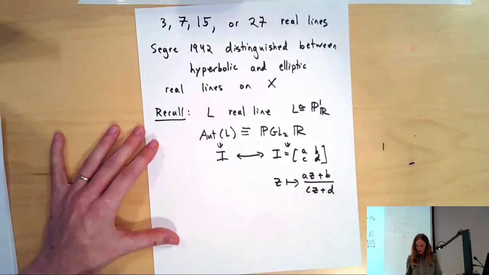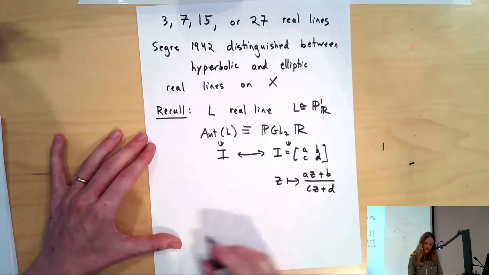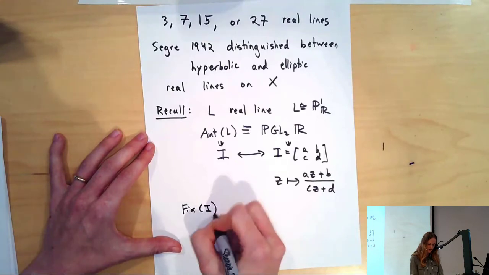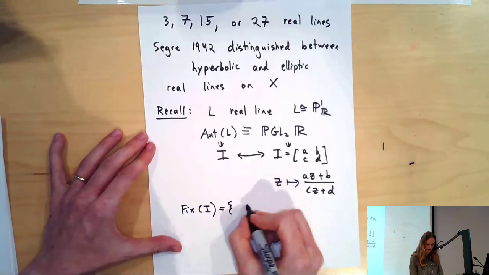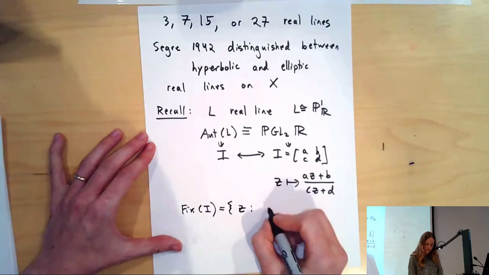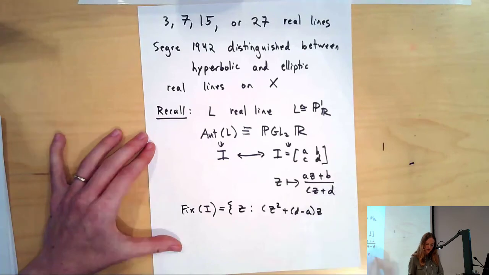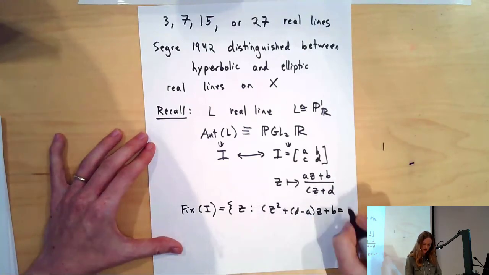We can see that there are two fixed points because setting it equal to z gives you a quadratic equation. So the fixed points of I are the two solutions to a quadratic equation with coefficients in R.